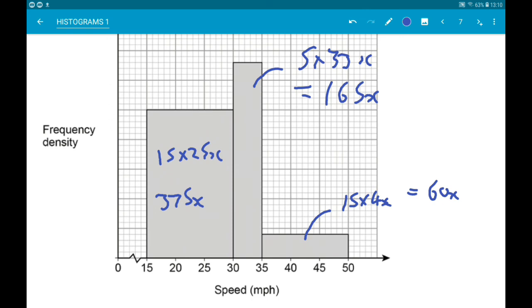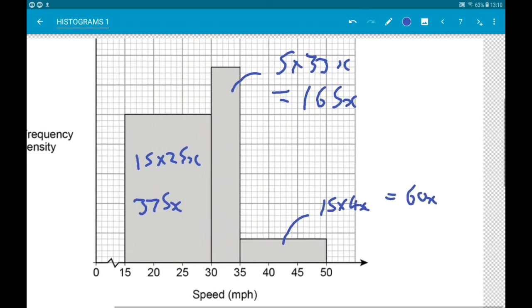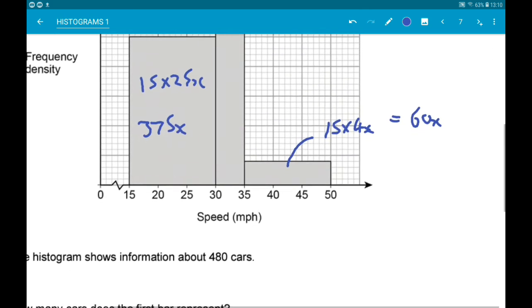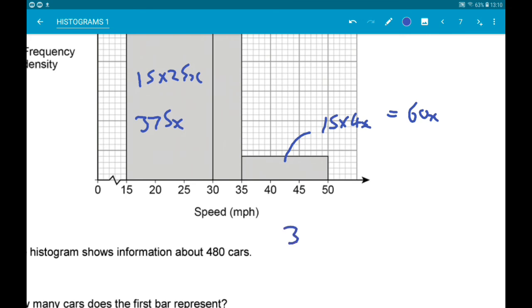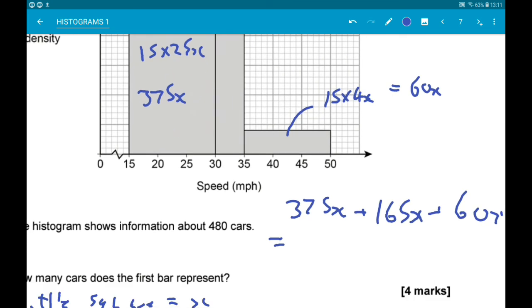So if we do 375x add 165x add 60x, we are going to get 600x.